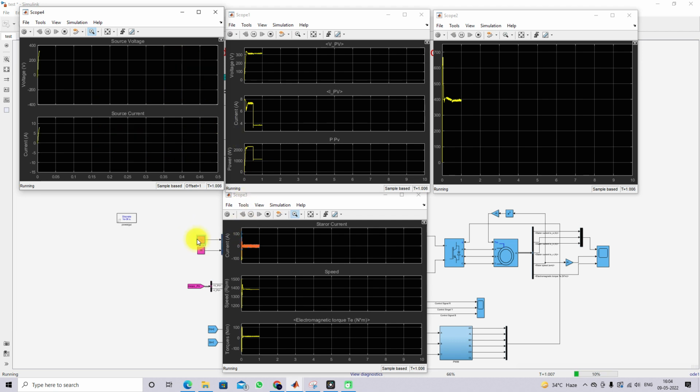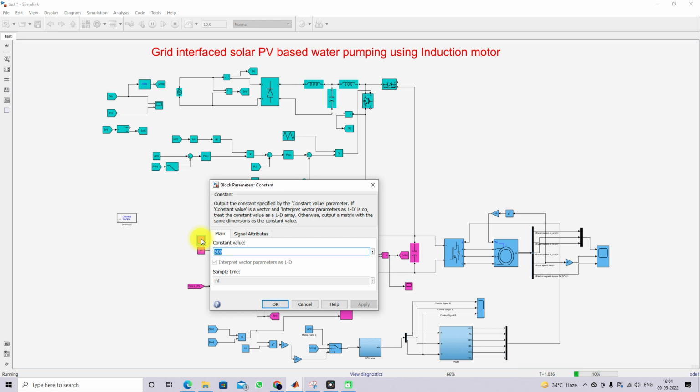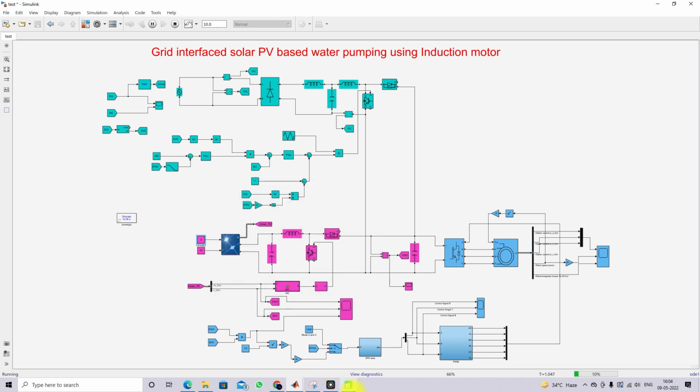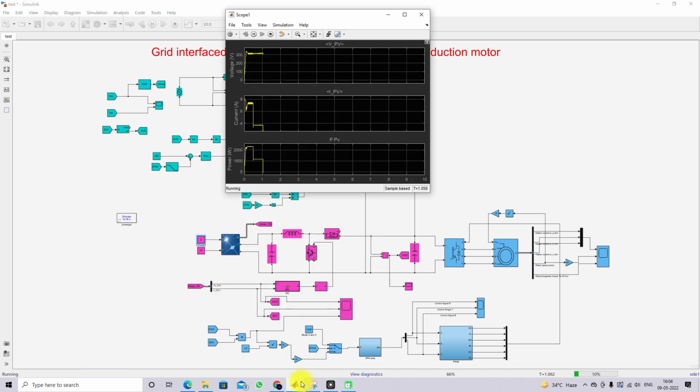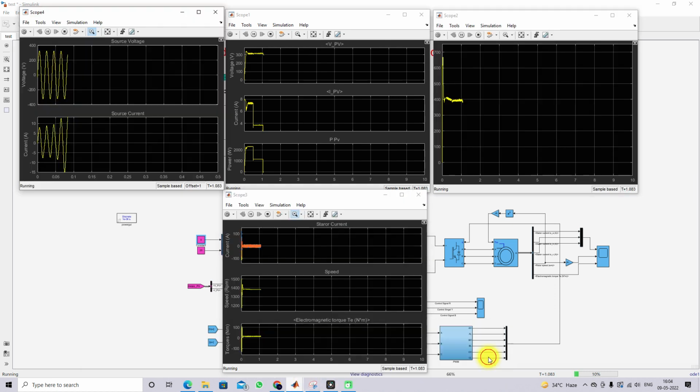So now again I'm going to decrease the irradiation to 0, right. Next we have to check the response. So here you can see that because the irradiation changed to 0, the grid is supplying the maximum power to the induction motor water pump, right.